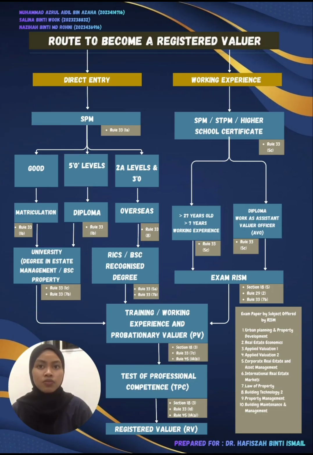This program provides comprehensive knowledge in valuation, property management, agency, law, economics and finance. According to Regulation 33, the board has stated candidates must pass the first exam, SPM or matriculation, the intermediate exam, diploma, the final direct exam such as a degree, and finally the Test of Professional Competence, TPC.